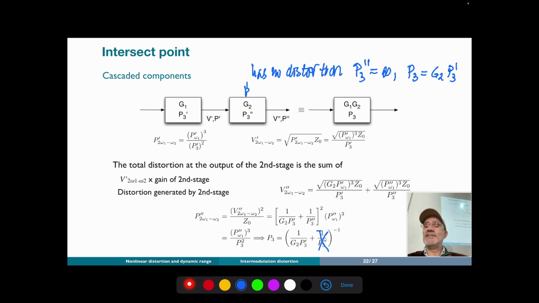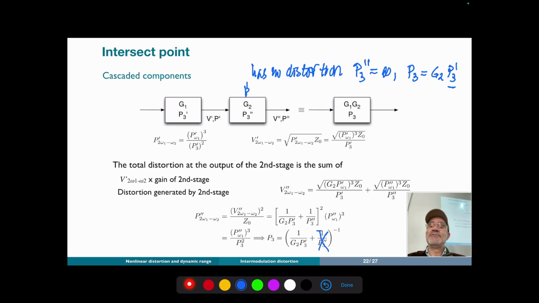Which says that if the second amplifier has no distortion, then the distortion of third order intersect point will be defined by the first amplifier only, and the total distortion is the distortion of the first amplifier multiplied by the gain of the second amplifier.